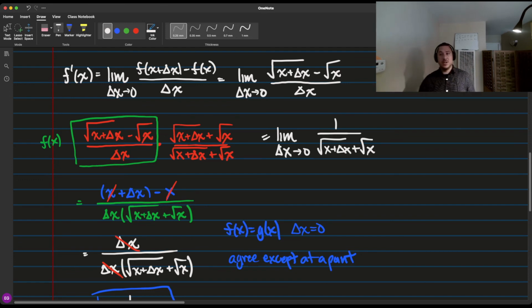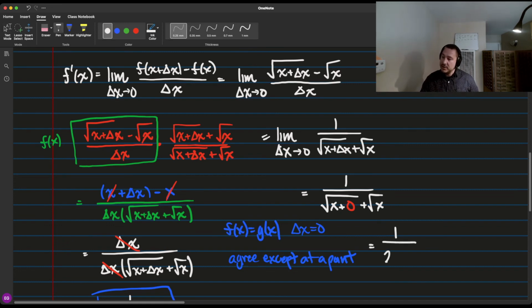And now we can actually just plug in delta x equals 0, and we're going to get 1 over square root of x plus, now the delta x is going to be equal to 0, then plus square root of x. So now square root of x plus 0 is just square root of x, which means on the bottom we end up with 1 over 2 root x. And that is our derivative.